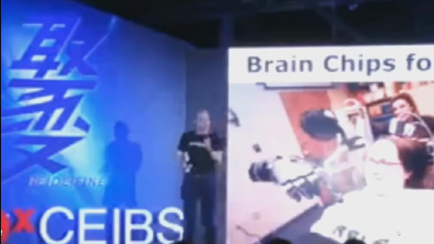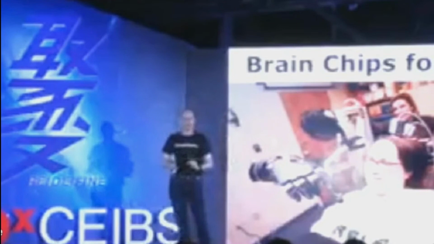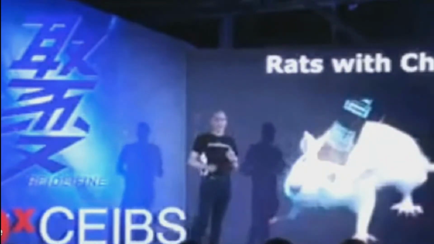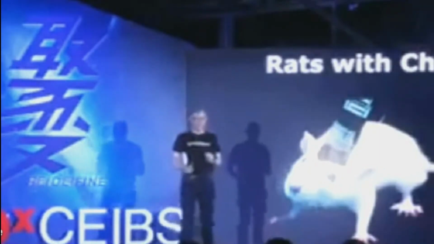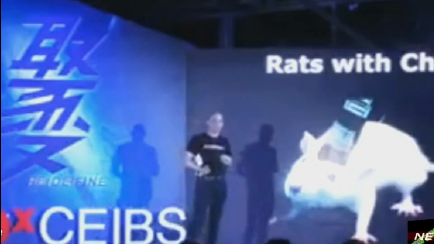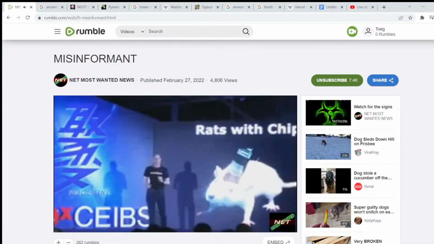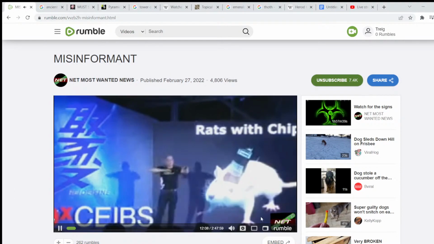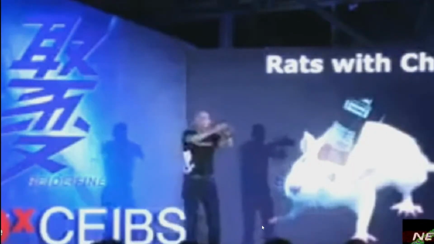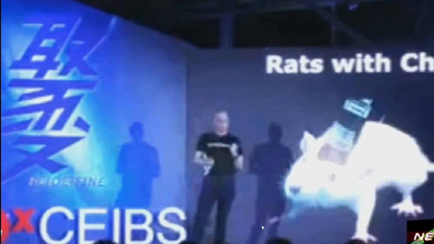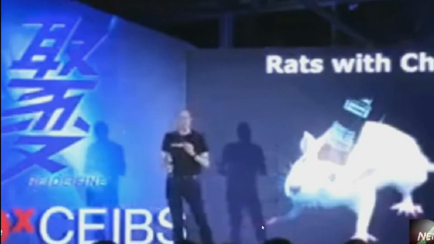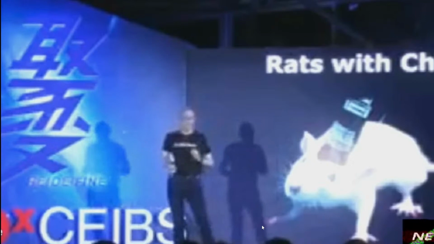So that is starting right now, these experiments. And even more interesting, scientists have done experiments with rats, and they have chips in the rat's brain. They taught a rat how to do certain things, and when the rat did all these complex things, it could get food. It took the rat weeks to learn that.